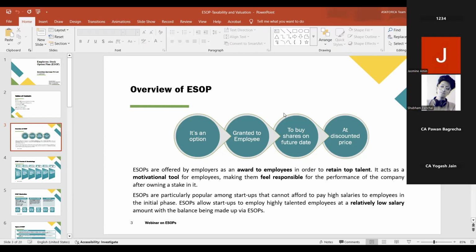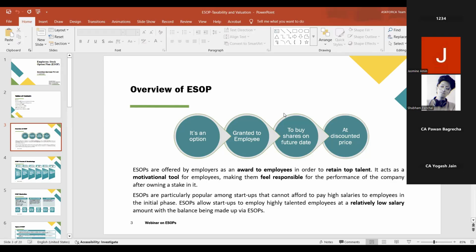First, the company can negotiate at the time of employing any employee on the salary terms, saying they are giving ESOP of this much value, and so they hire the employee on a low salary.